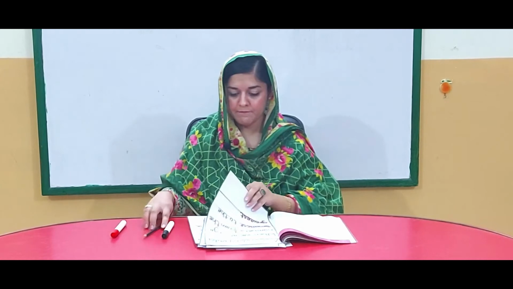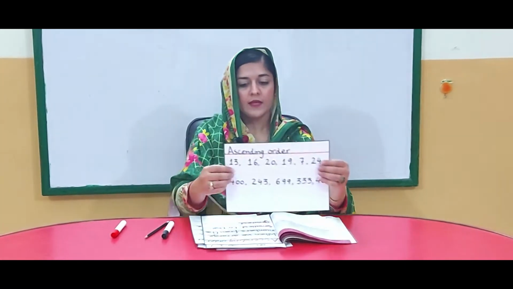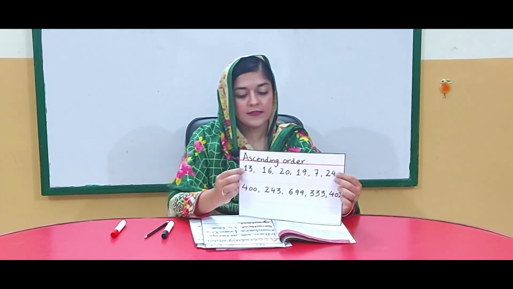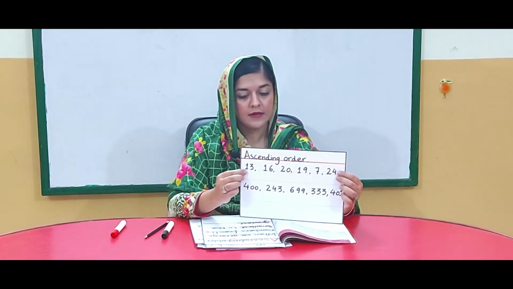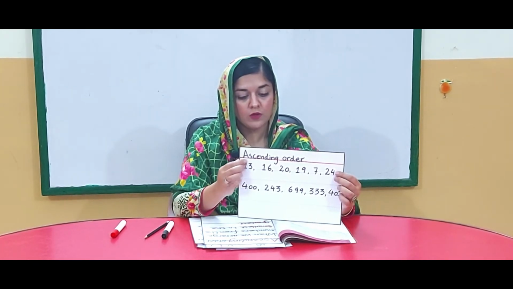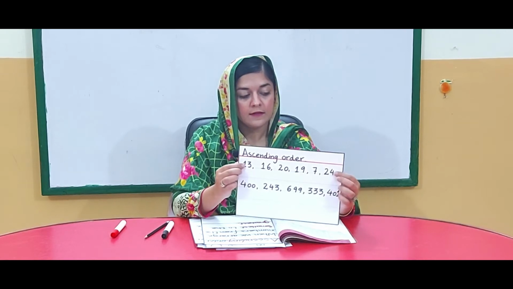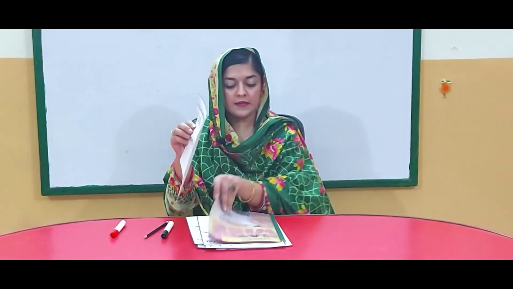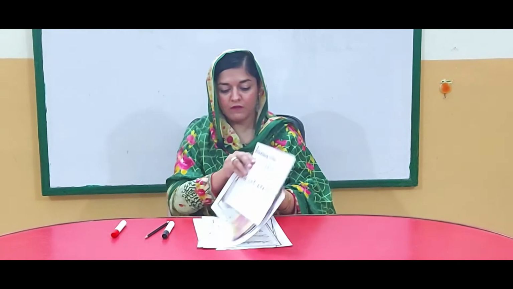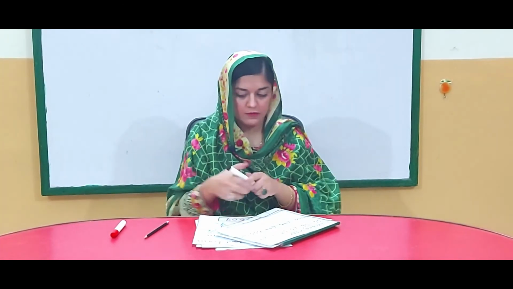Okay, here the series for ascending order is given to us. It is given to us, but it is not solved. So in front of you I will solve it.